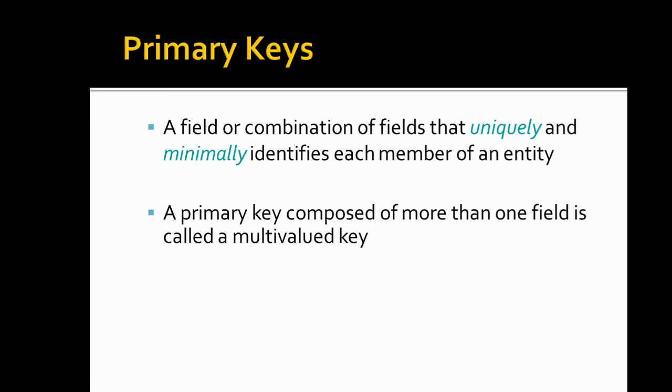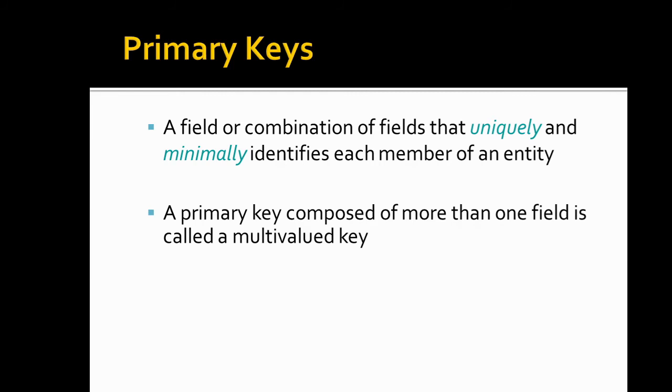The student number should be unique, and it is also minimal. Maybe you can say that we can also use the name of the student plus the address plus the birth date, for example. If we combine these, maybe it can be unique, but it is now very lengthy, so it is no longer minimal.